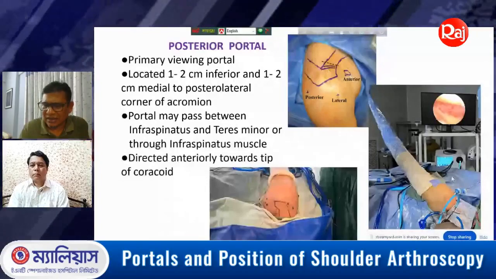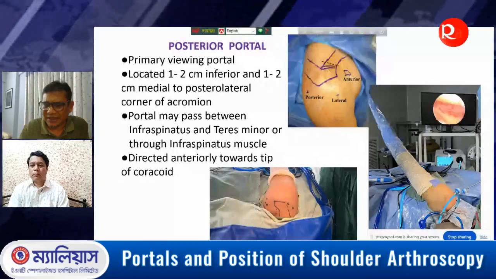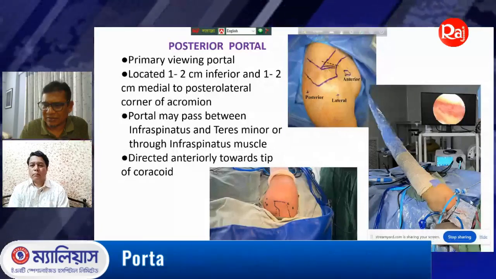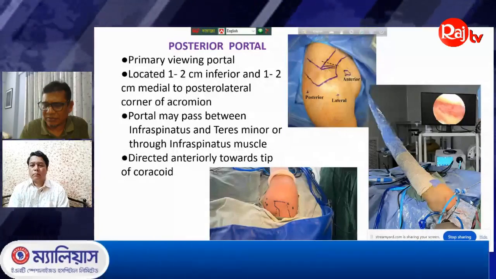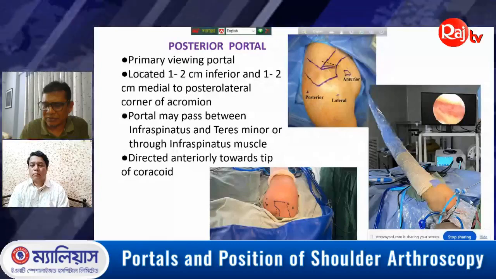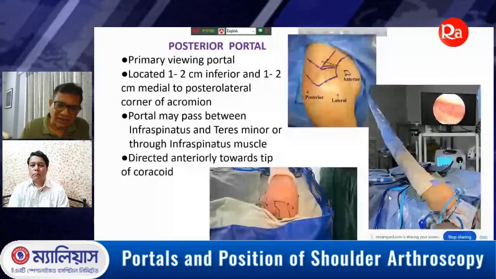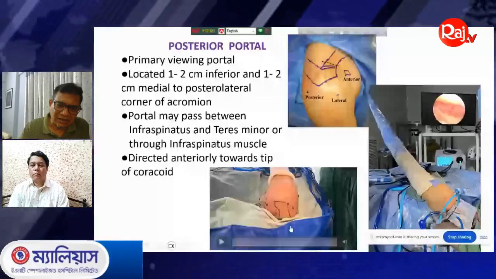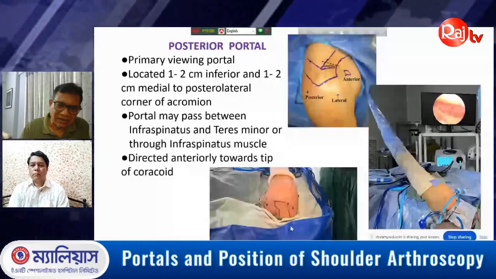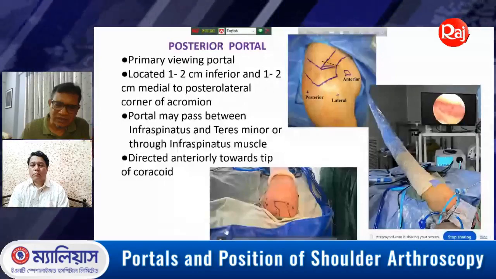In this still picture, you can see the posterior portal and the anterior portal. So we can see the video of how the posterior portal is created and what we see through the posterior portal.